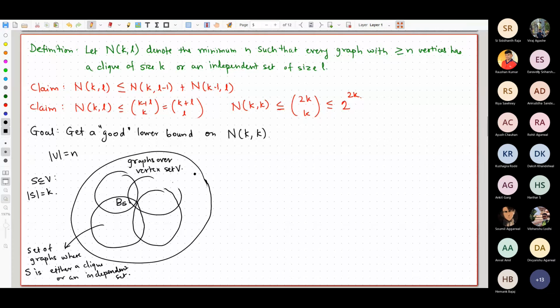So you have all these sets. For every set you have this set B, and you want to show that the size of the union of all these sets is strictly less than the size of the whole set, which is the set of all graphs over the vertex set V. If you somehow prove that, then you're done, right?